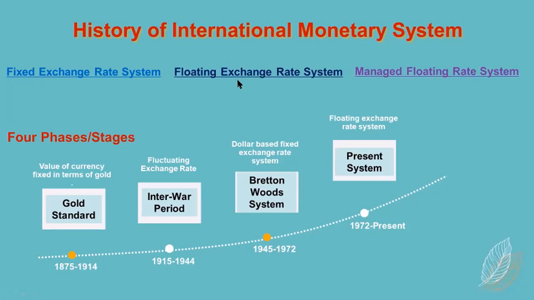Managed floating rate system is very similar to the floating exchange rate system, but there is a slight difference. In India we follow the managed floating exchange rate system. Here the government or the country's central bank may occasionally intervene in order to direct the country's currency value in a certain direction.